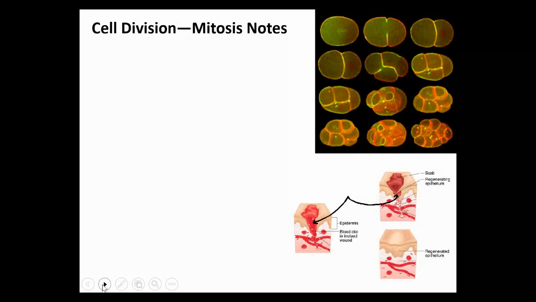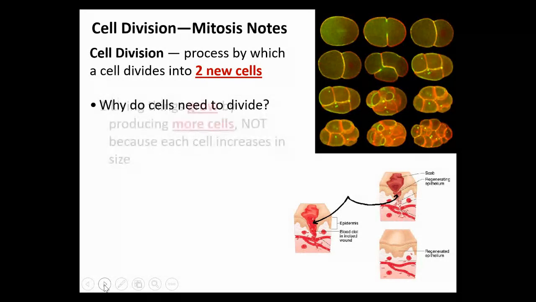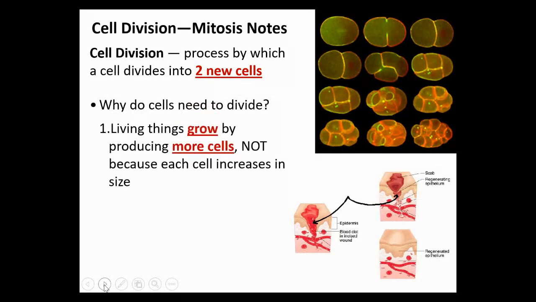If we look, this has to do with cell division. You are creating two new cells. Why do cells need to divide? Because number one, living things grow. You need to produce more cells, because the cells don't grow in size, they grow in number.